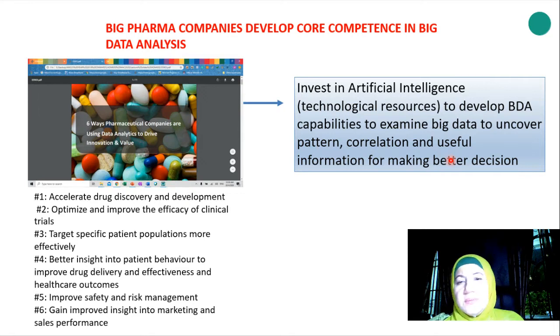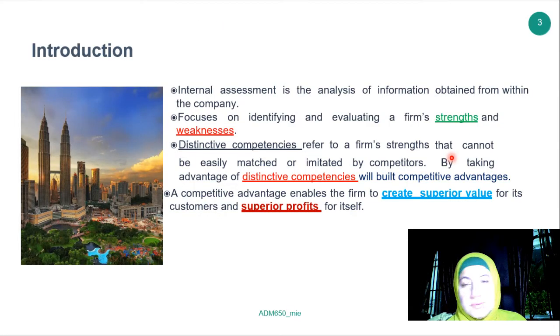So what I want to highlight is that this is an example of the internal assessment in the big pharmaceutical companies, how they are leveraging their internal resources and capabilities in order to develop the core competencies.